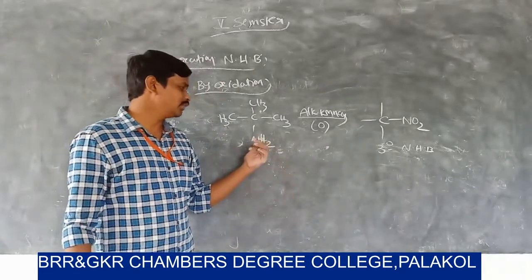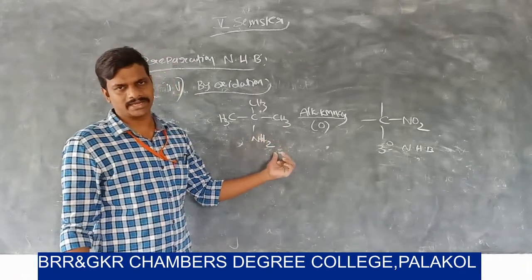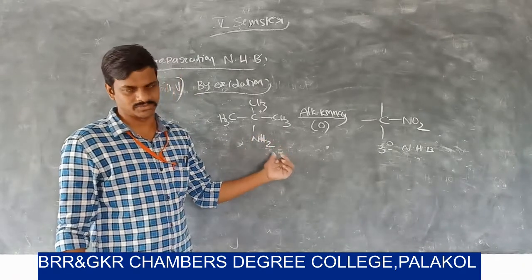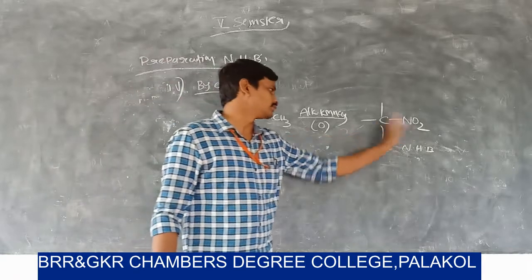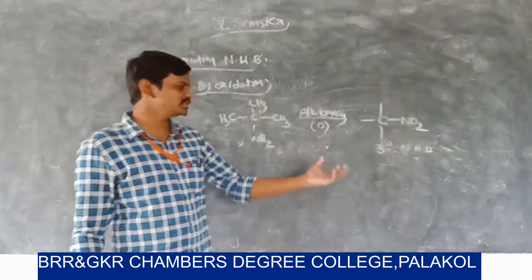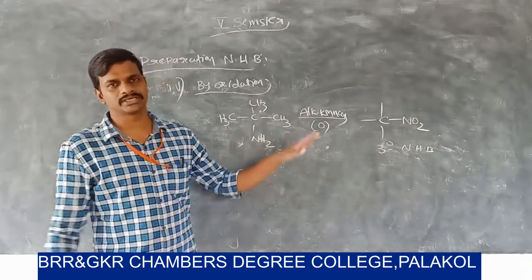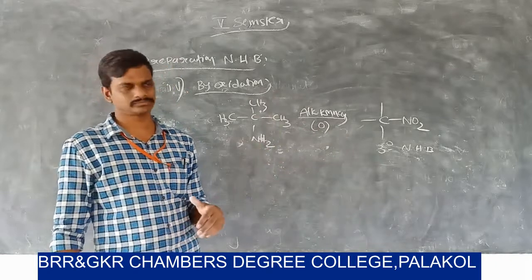Here in this reactant molecule we have nitrogen carrying two hydrogen atoms. After the oxidation reaction, the nitrogen is attached to two oxygens. That means the hydrogen atoms are replaced by oxygen, so this is an oxidation reaction.